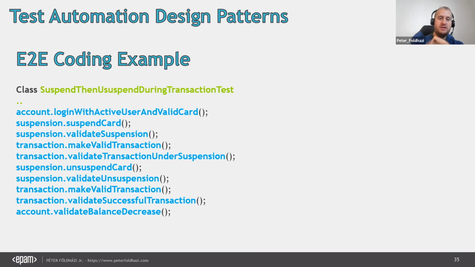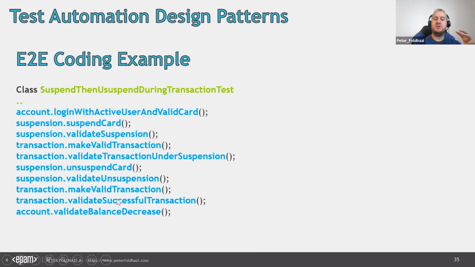So I validate whether this transaction under suspension was unsuccessful. If it's unsuccessful, that's great. I go on and I unsuspend the card. Then I validate the unsuspension and make that valid transaction again, the same transaction. It's going to be the same call.